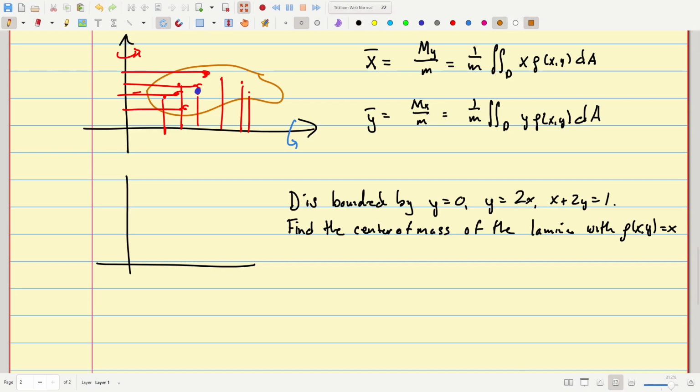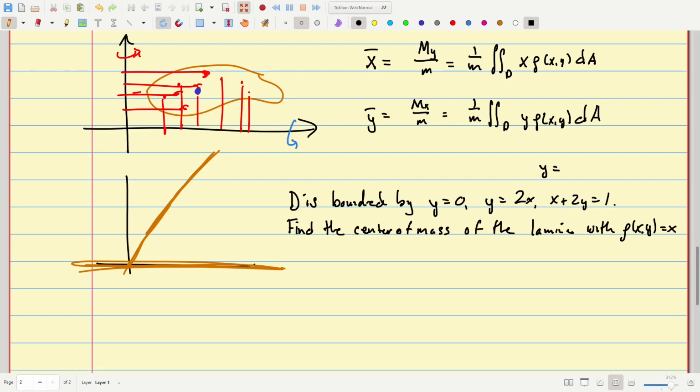So we have y equals 0 as one of our boundaries. We have y equals 2x as another one of our boundaries. And then we also have this as our third boundary.